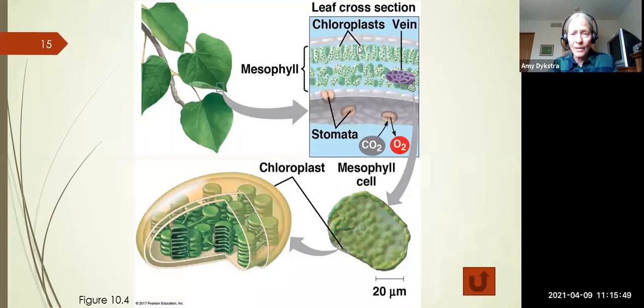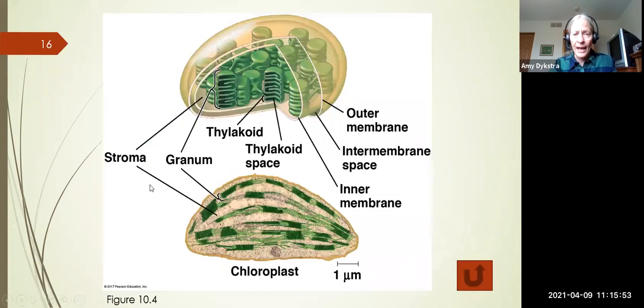That process of photosynthesis happens in chloroplasts. And a chloroplast, as you know, has these structures. It's got these thylakoid membranes on the inside, and that is where the chlorophyll molecules are embedded.